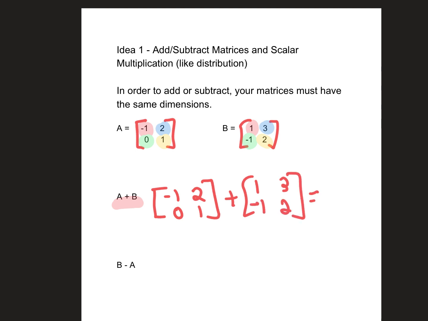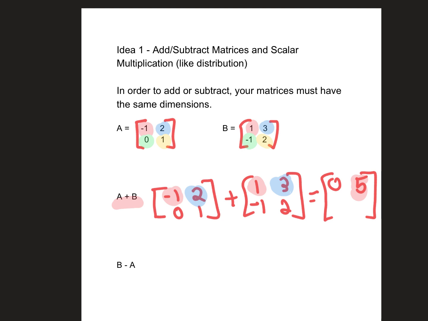And when we put them together, we will end up with a 2 by 2 matrix. And again, all we are doing is just putting those two together. -1 plus 1 is 0. Okay, and then we have 2 plus 3 is 5.